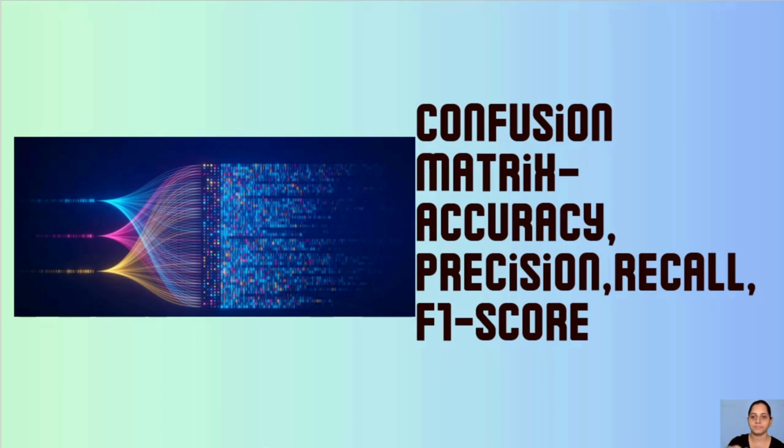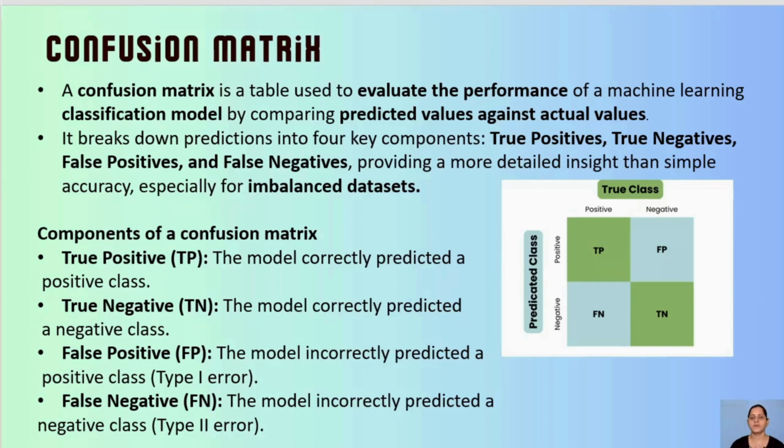So let's start. The first one is going to be the confusion matrix. This is a very important aspect, because when you're talking about classification, the target variable is not a continuous variable, it's a categorical variable, and a number of classes are going to be involved.